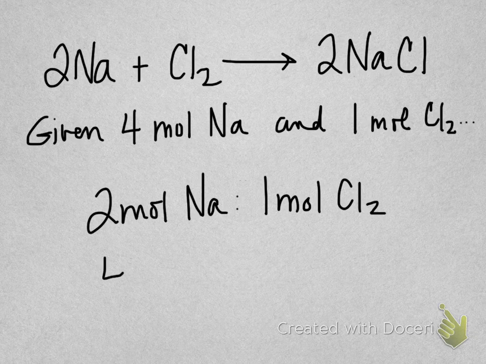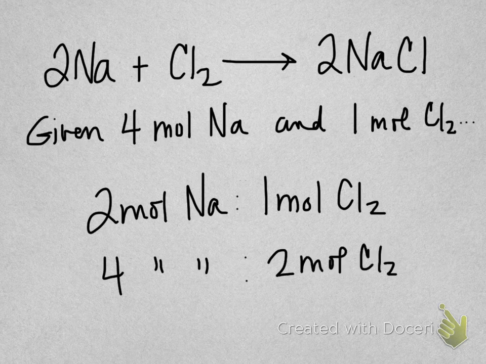If we have 4 moles of sodium, that means we should be able to react 2 moles of chlorine gas. But we're told that we only have 1 mole of chlorine gas. So the chlorine gas is going to run out, it's going to limit how much of the sodium can react, and it's going to limit how much of the product we can make.